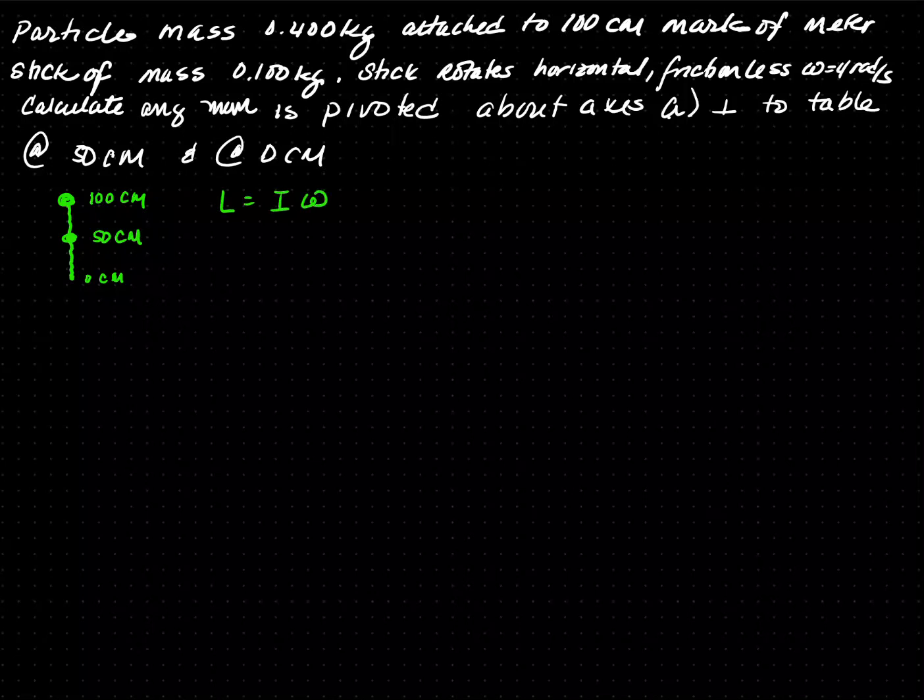We know what omega is, so I need to find I, which is the rotational inertia. So rotational inertia is going to depend on the inertia of the particle plus the inertia of the ruler or the stick. The general formula, since it is pivoting about somewhere around the center, the rotational inertia for the meter stick is 1/12 mL squared.